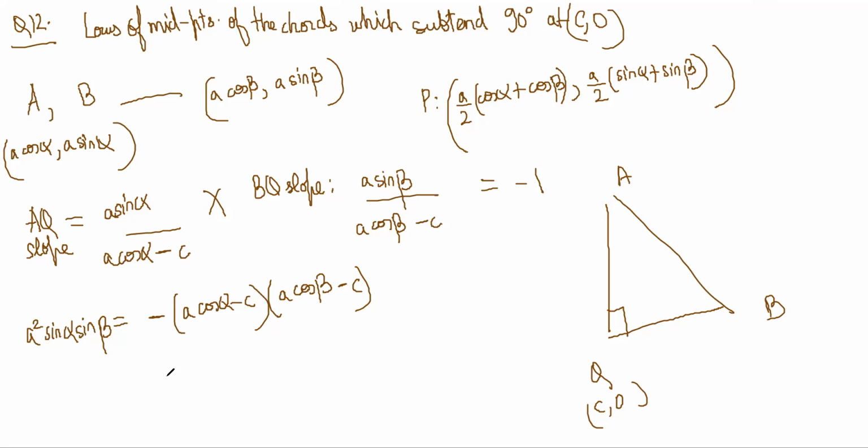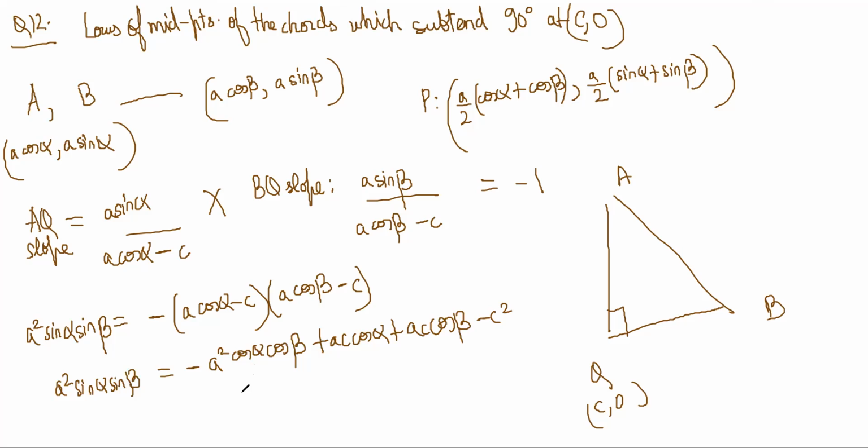So this becomes minus A square cos alpha cos beta, plus AC cos alpha plus AC cos beta, minus c square, equal to A square sin alpha sin beta.